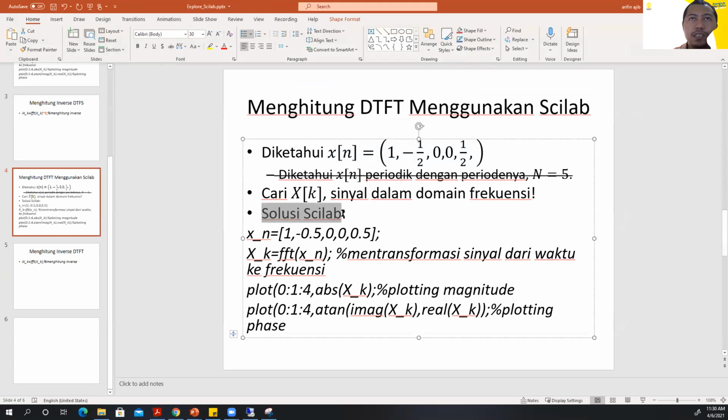The solution using Scilab is pretty similar, but maybe you can notice there is no divider here, no division by the periodicity, because there is no periodicity. So something like this, and then the result is something like this.